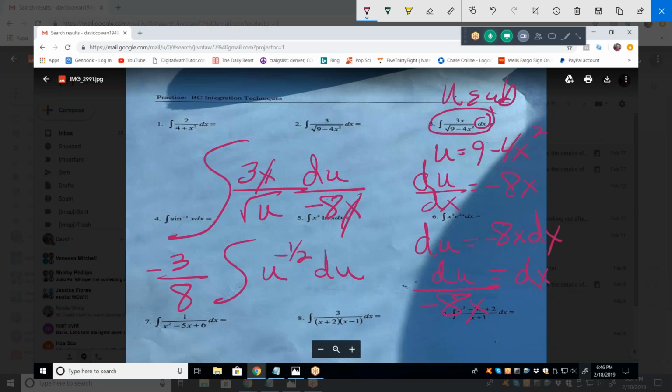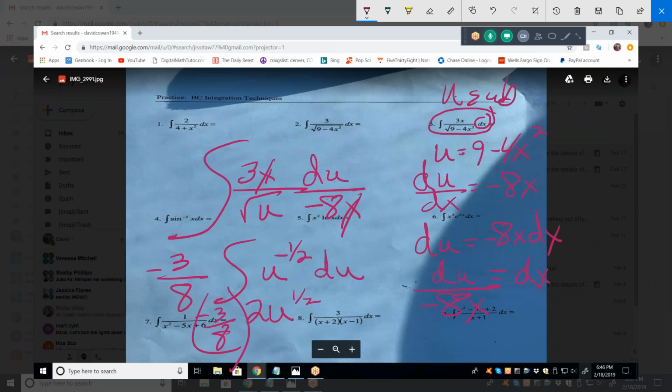Yeah. Now that's easy to integrate. What's the integral of u to the minus 1/2? That would be u to the positive 1/2 times 2, still multiplying by the minus 3/8.